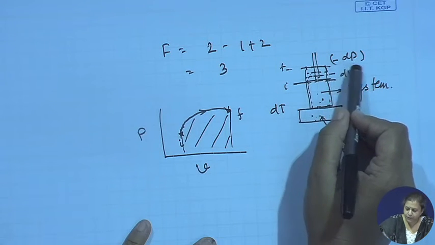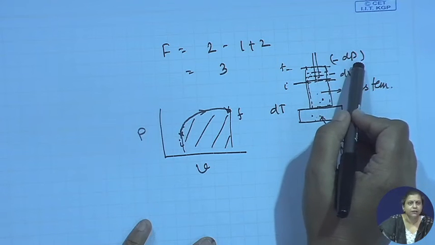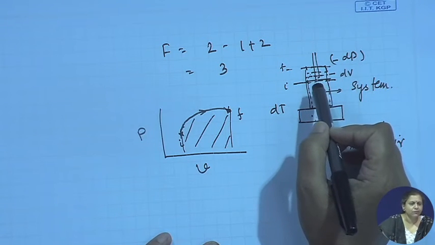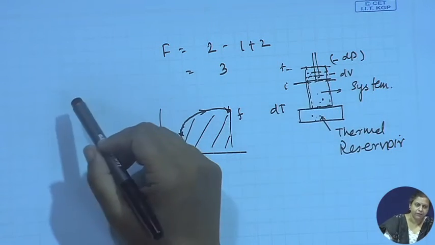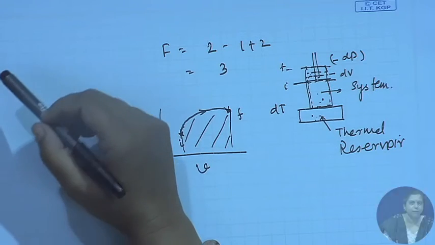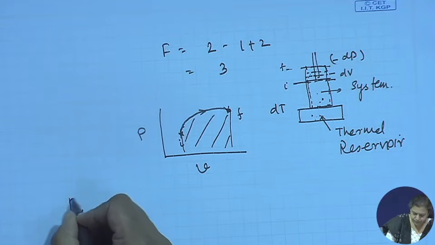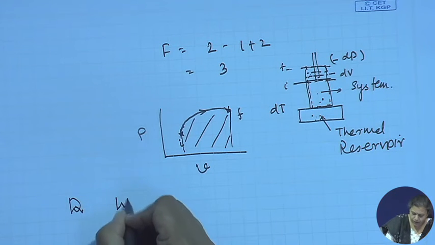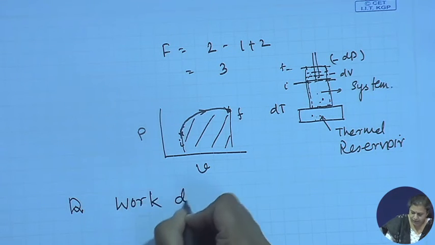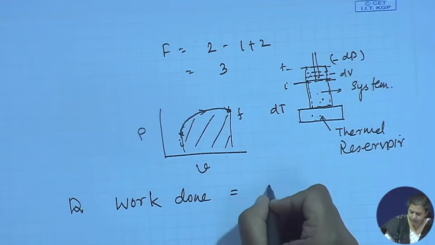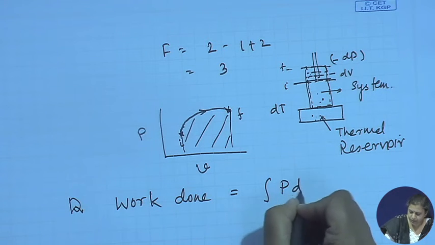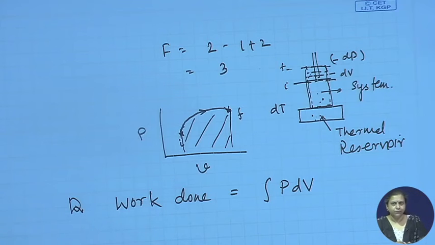So, the pressure difference P was the thermodynamic driving force which was bringing about a change in the volume, which is the thermodynamic displacement. So, for the pressure volume type of work, the work done or the energy transfer is equal to the integral of P dV, right.